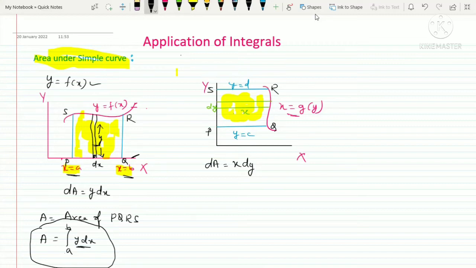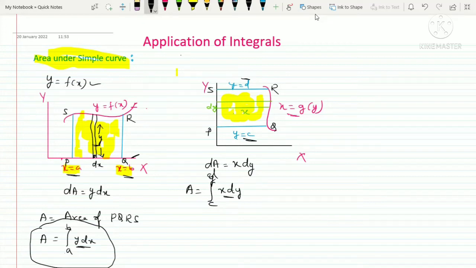Like this, I am dividing the total area into so many strips. I will add each. That's why total area A is equal to integration from where to where? C to D. It is bounded by the y-axis. The curve is bounded with the y-axis between the interval y equal to C to D. That is integral from C to D of x dy.